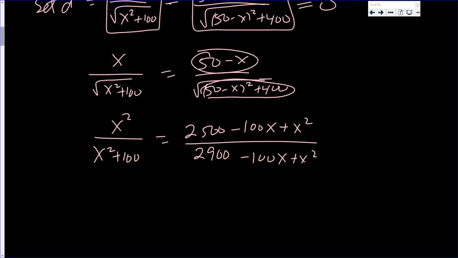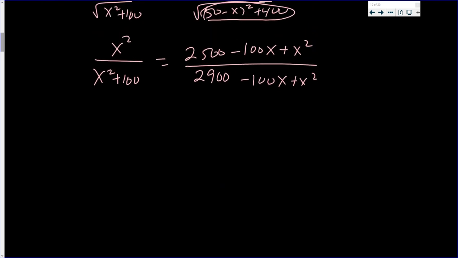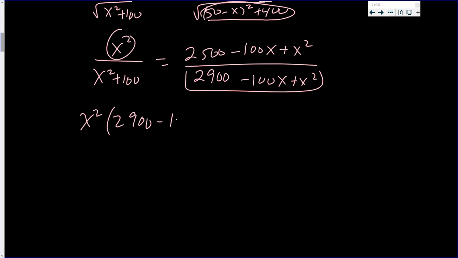Now let us cross multiply. So you get x squared times that, x squared times all of this, 2900 minus 100x plus x squared.